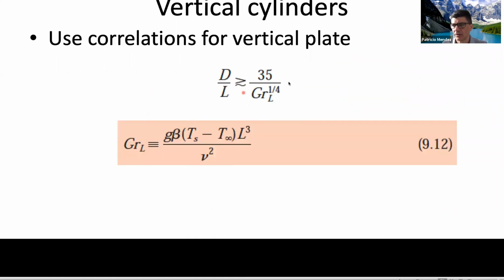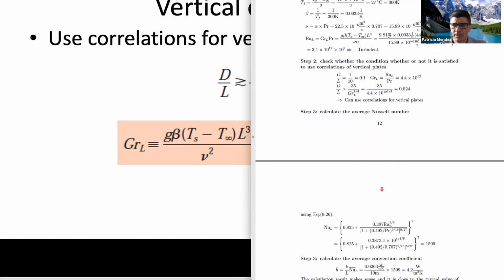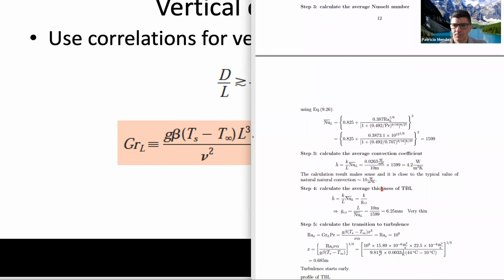I applied this criterion, and it gives me 0.024. So the diameter is a lot bigger than the critical value for using it. So yes, because the diameter is so big compared to the boundary layer, I can assume that the chimney is a flat plate, and I'm going to use those correlations.